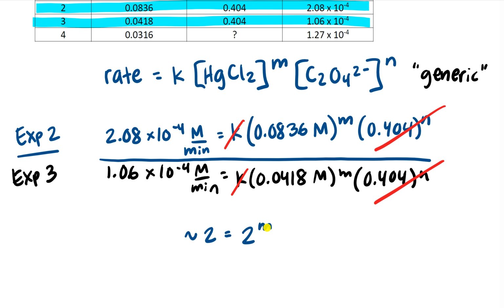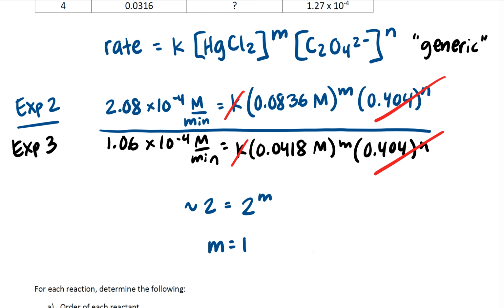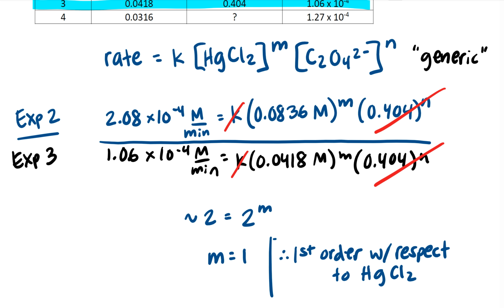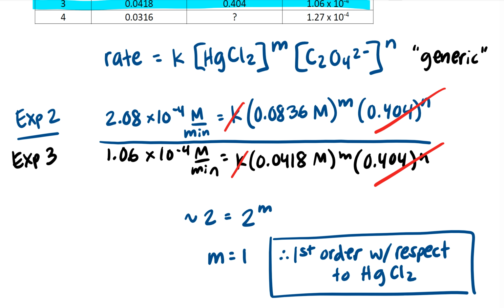So what does m have to be in order to have 2 raised to that power of m, and you get an answer of 2? m has to be 1. So this is first order with respect to the mercury chloride. So we'd write it out as, therefore, first order with respect to mercury chloride.